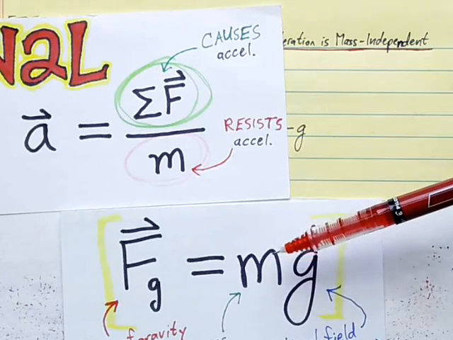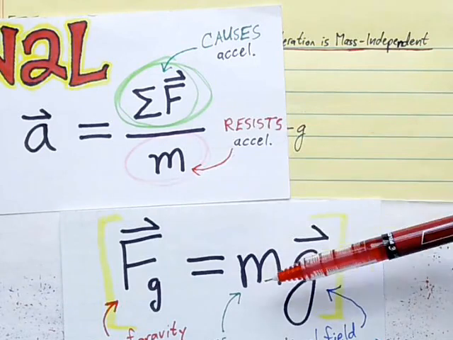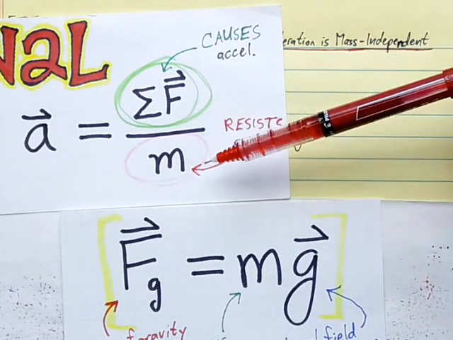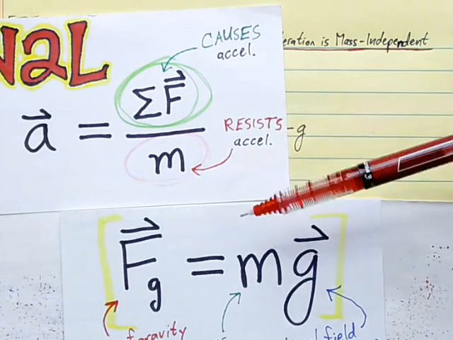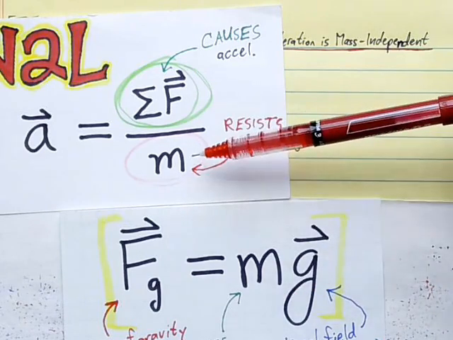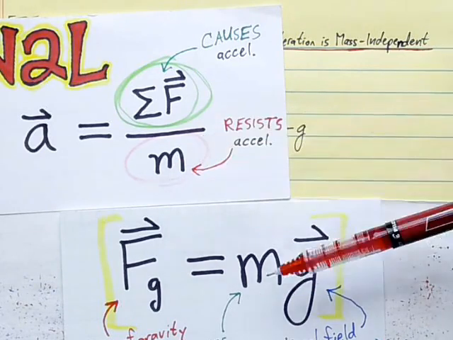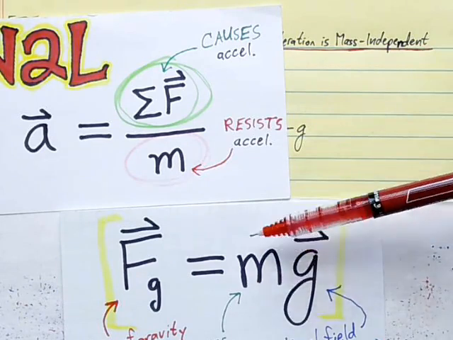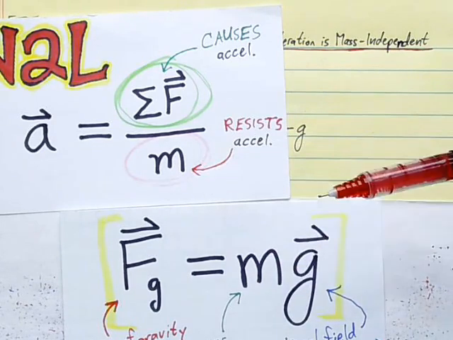And so it's one of the great curiosities in nature that these two properties of any object happen to have exactly the same value. This property that resists acceleration and this property that exerts gravitational forces, they happen to be the same thing.